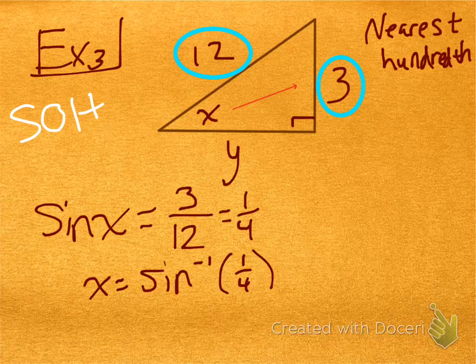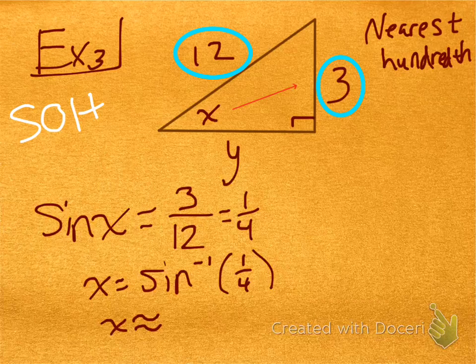On your calculator, you're going to hit the second button, followed by the sine button, and then in the parentheses, you're going to hit 1/4. Make sure it's in degree mode. You should end up with x equals, I should not say equals because I'm rounding. x is approximately, this is just my drunk equal sign, its judgment's a little off.